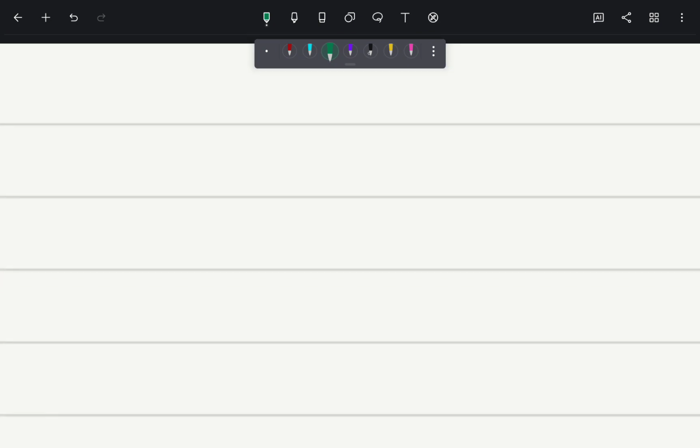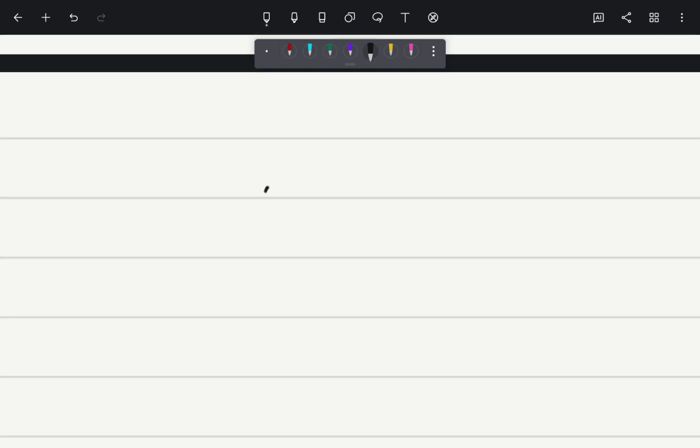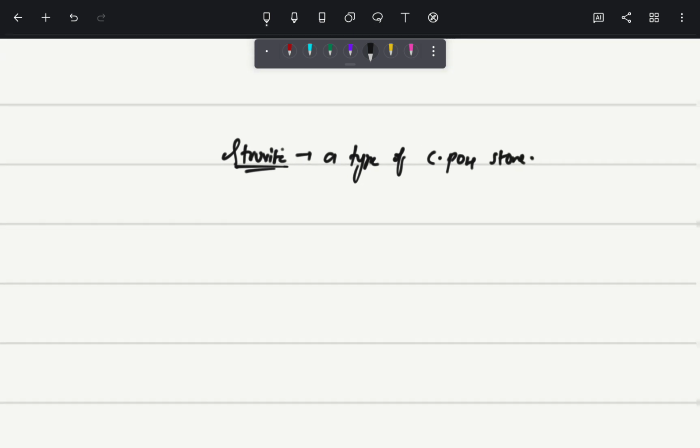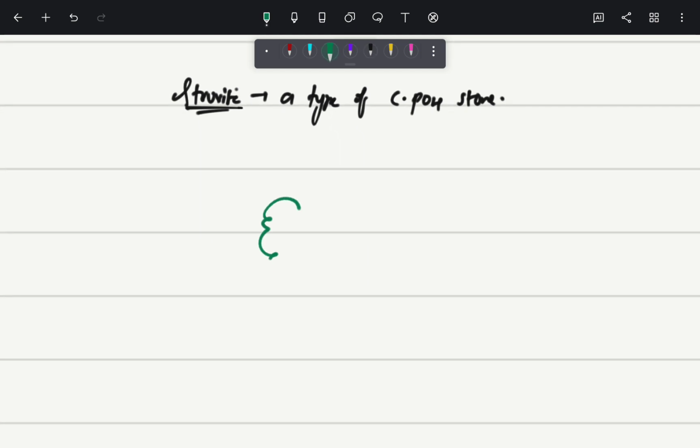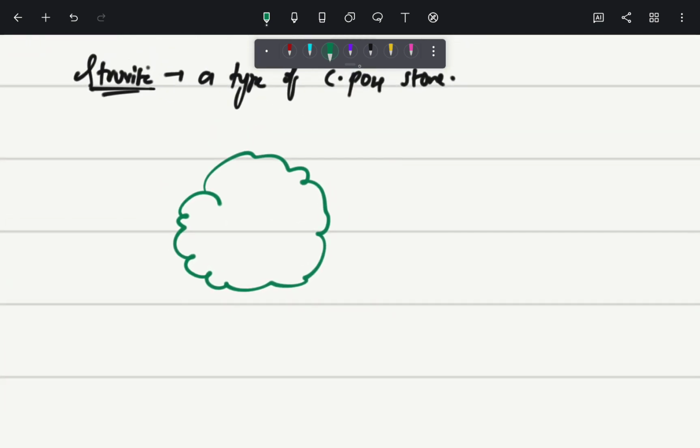now the second most important one is your struvite stone. Now struvite stone is also a type of complex phosphate stone. Now what is the composition of a struvite stone? We will try to understand by drawing a small diagram here. So this is the struvite stone, and it also has a similar composition to a triple phosphate stone.